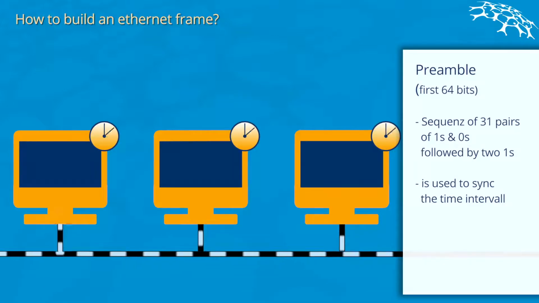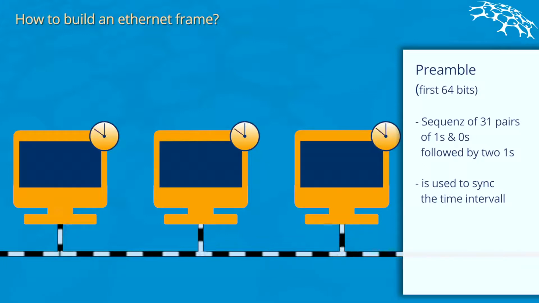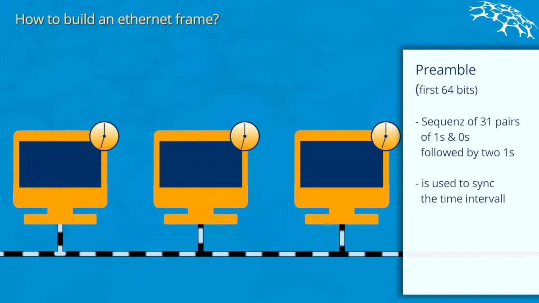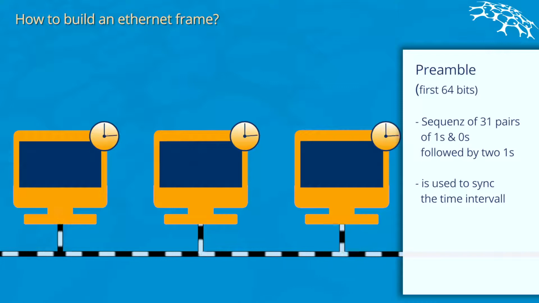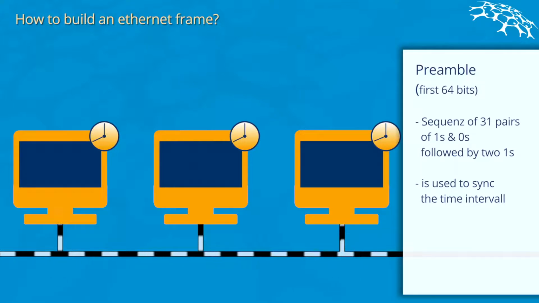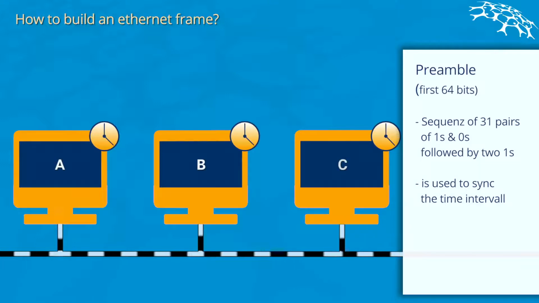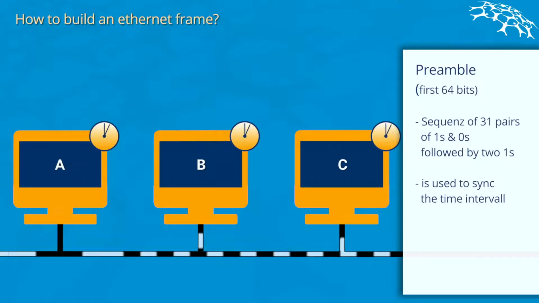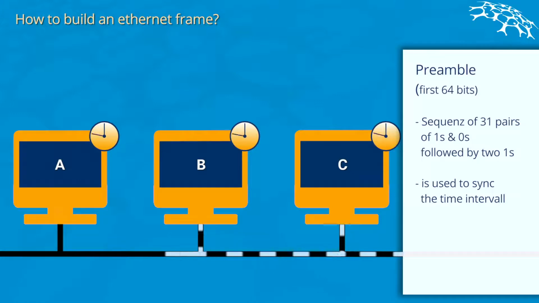The recipient interface might have another clock running with another time scope, but it can figure out how long one time interval of one bit is that is coming from the sender. So now you see B is receiving some data and C is receiving the data, and they're both synchronizing their clock, even though computer B or computer C might later find out that this data is actually not for them.